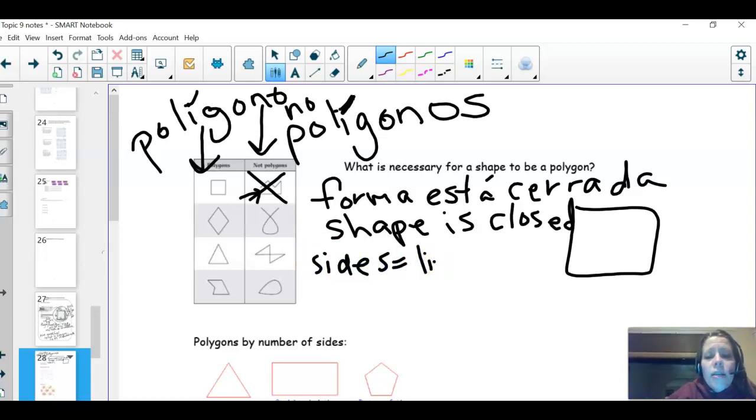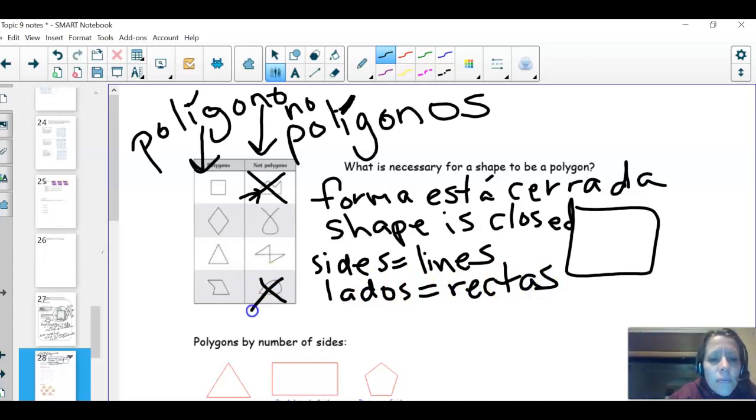So the sides equal straight lines, okay? Lados son rectas, okay? So you see here, those are not straight lines. Estos no tienen lados rectas, okay?